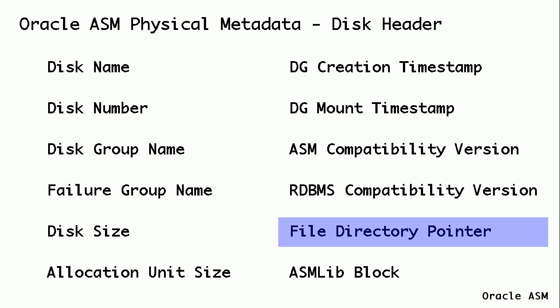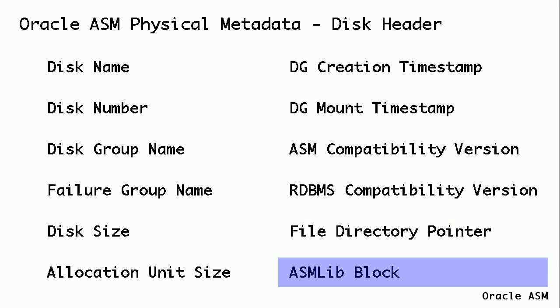If disk contains the file directory, then the file directory pointer points to the first extent of the file directory. File directory is a part of Oracle ASM Virtual Metadata, and it will be discussed later in this session. Storage vendors who develop ASMLIB can store limited information in ASMLIB block. Oracle ASMLIB stores disk label in this space.